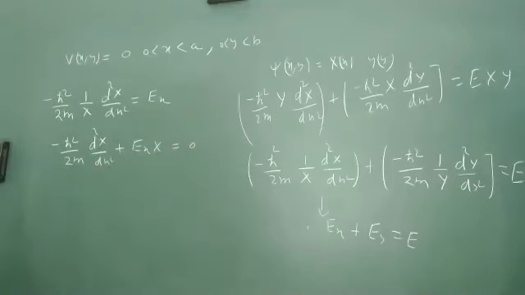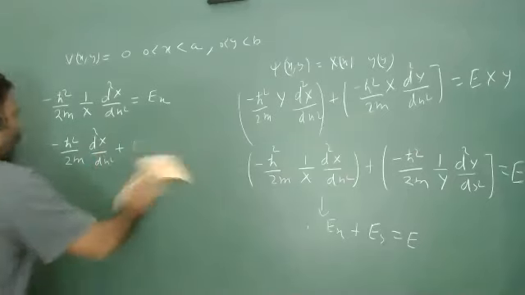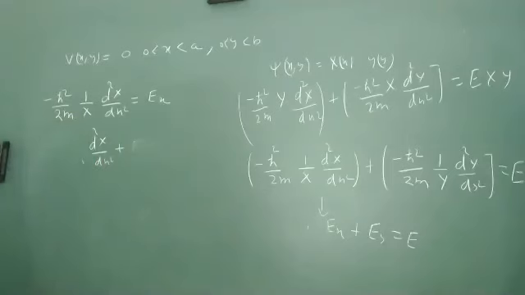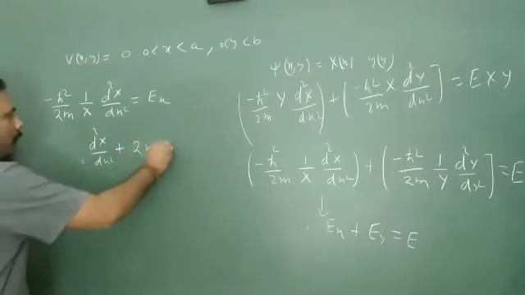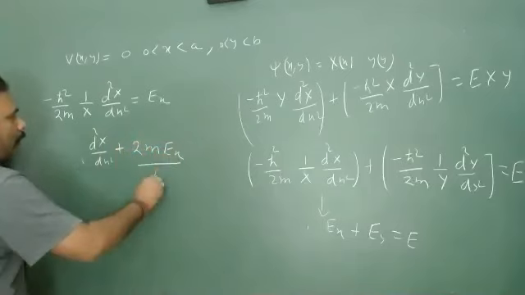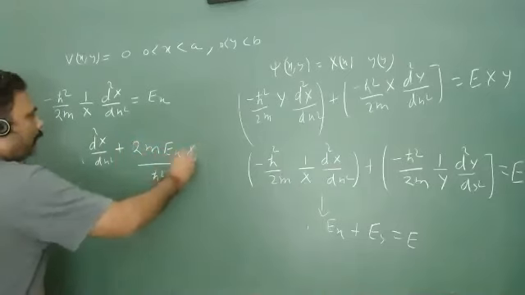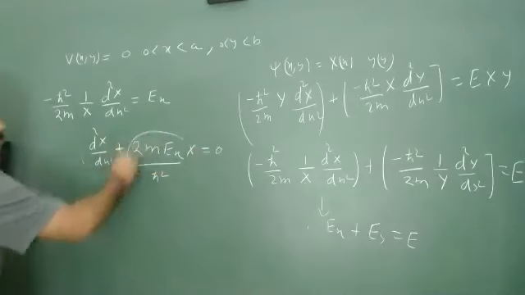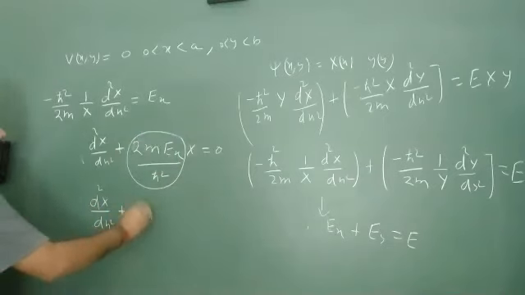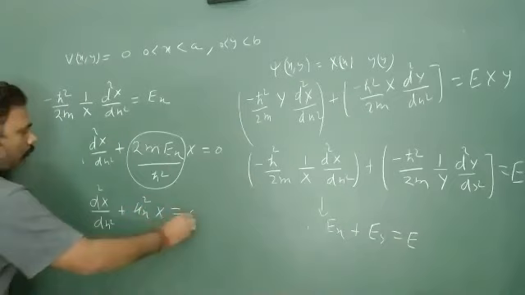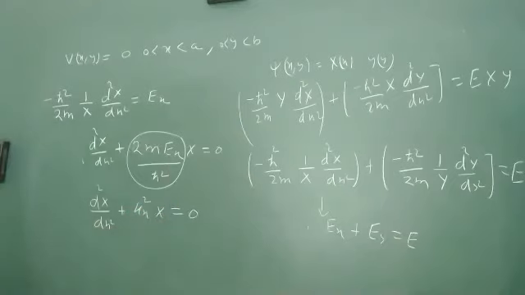Sorry, something is wrong. That will be d squared ψx upon dx squared plus 2m Ex upon h cut squared ψx is equal to 0. And this whole term I can write as kx squared. So this will be d squared ψx upon dx squared plus kx squared ψx must be equal to 0.